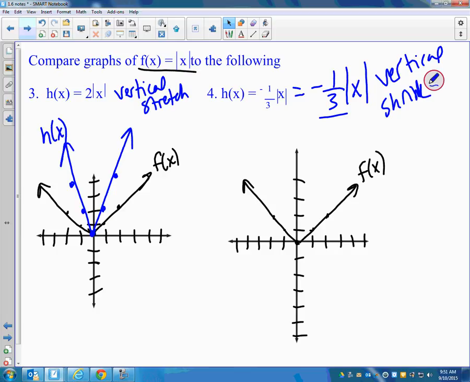And we could still say (0, 0). So here's where you have some options. We could plug 1 in here, and we're going to get negative 1/3. Plug 2 in there, we're going to get negative 2/3. But that's not so fun to graph.